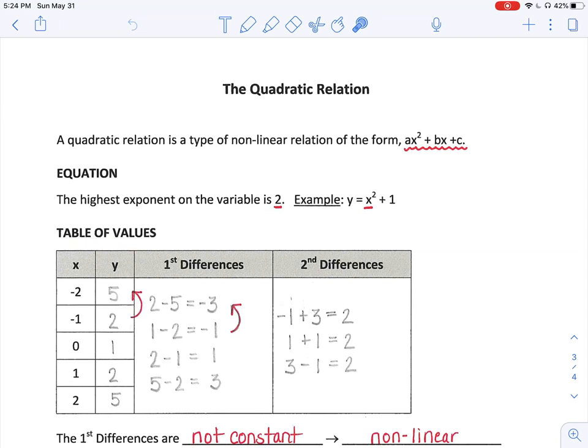In a table of values, I have x values and I have my y values when I plug them into my example question here. My first differences are not the same. I have -3, then -1, then 1, then 3. But if I take the second differences, this value minus this value, I end up getting constant second differences.